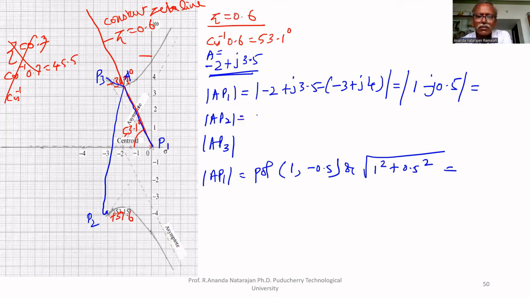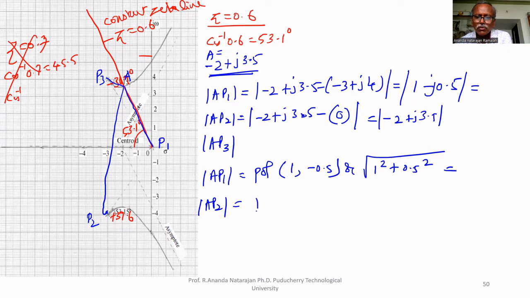Similarly, AP2 equal to what? Minus 2 plus j3.5 minus the next pole, which is 0. That's why you get the same point, modulus of minus 2 plus j3.5. To find modulus of AP2, what we have to do? Call the function polar, minus 2 comma 3.5, or you can find the square root of 2 square plus 3.5 square.